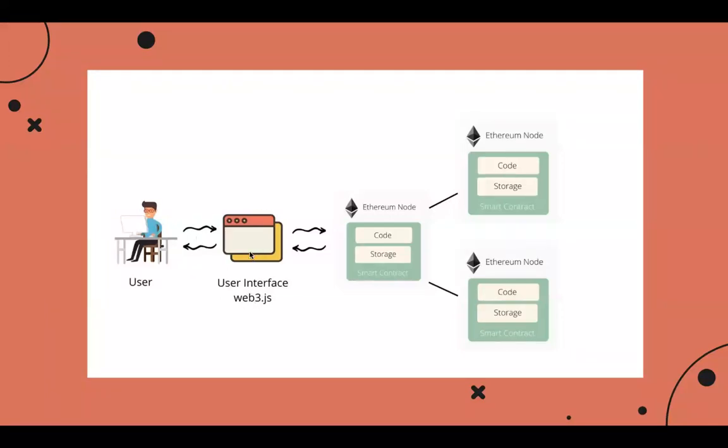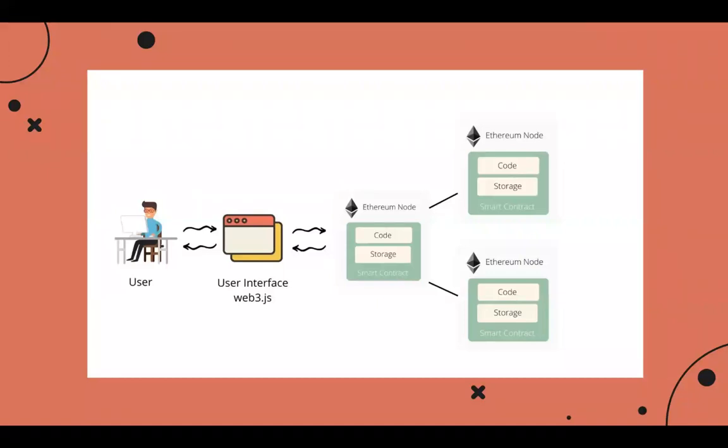For example, in Web2 applications, say you are using Paytm and you want to make a UPI transfer. If you send some money, the command is first provided to the API. It is checked in the backend server, and then it is executed, right?